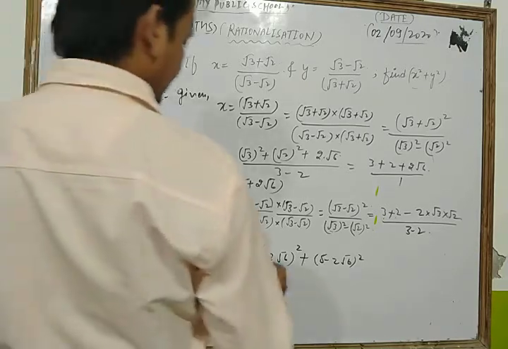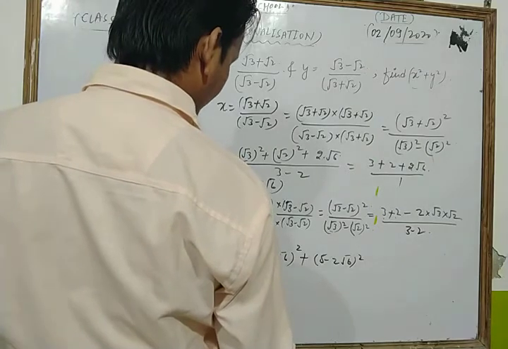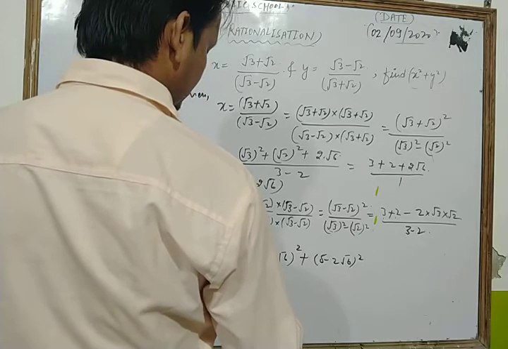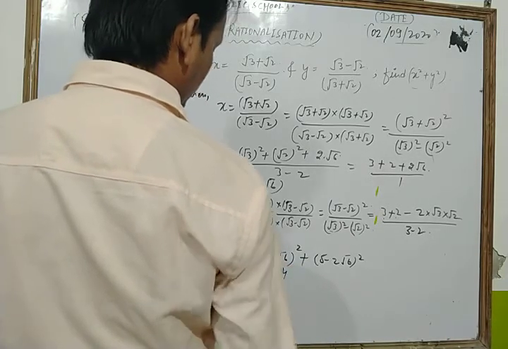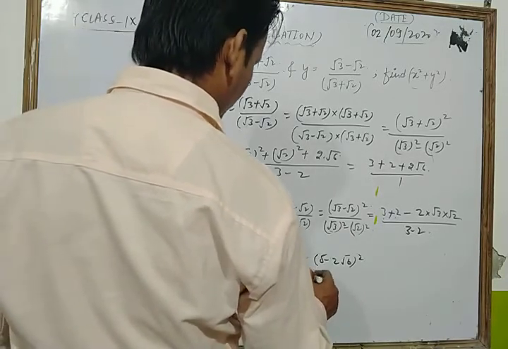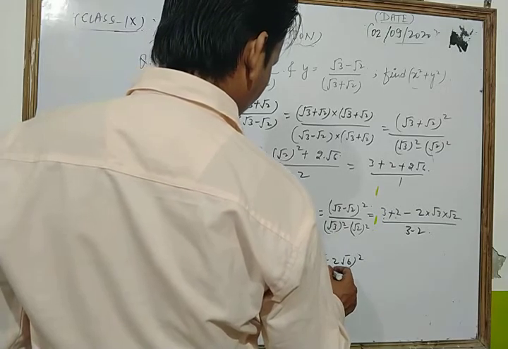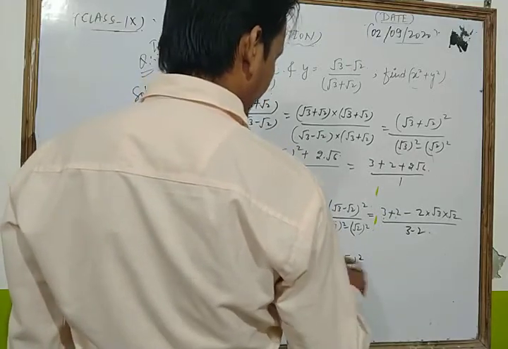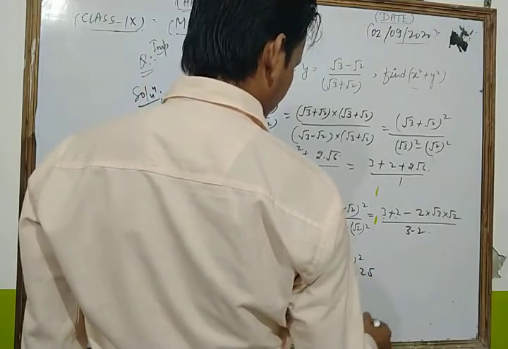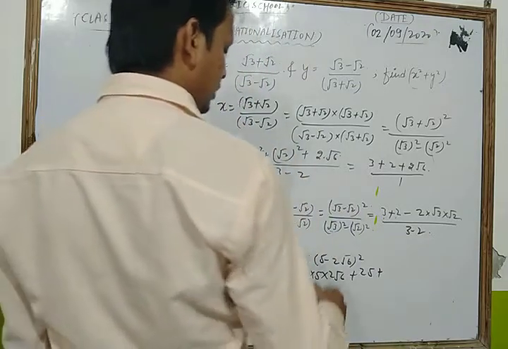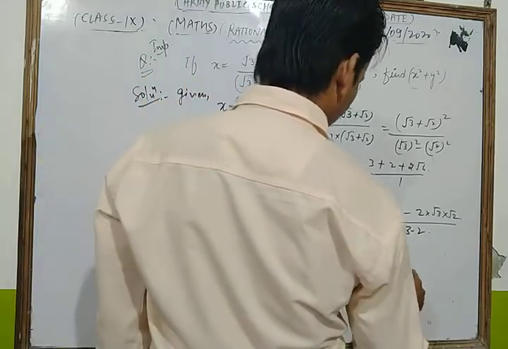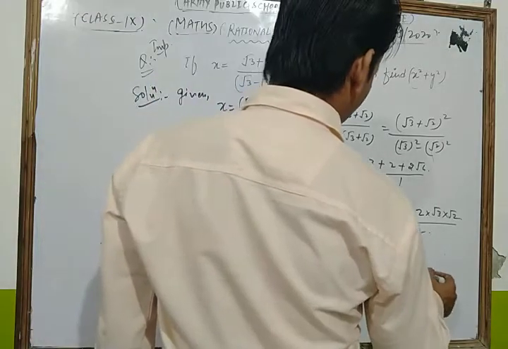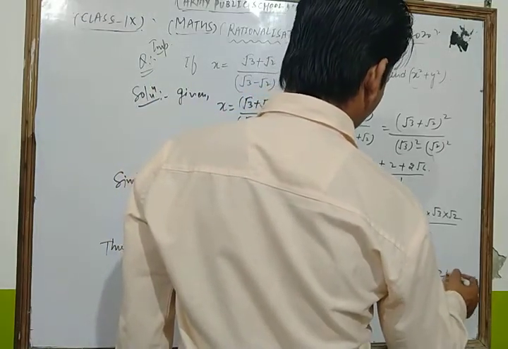Let's see, after simplifying we get a square means 25 plus b square means 2 square into 6, which is 24, plus 2ab, that is 2 into 5 into 2 root 6. Similarly here, a square means 5 square, plus b square means 24, minus 2ab, minus 2 into 5 into 2 root 6.